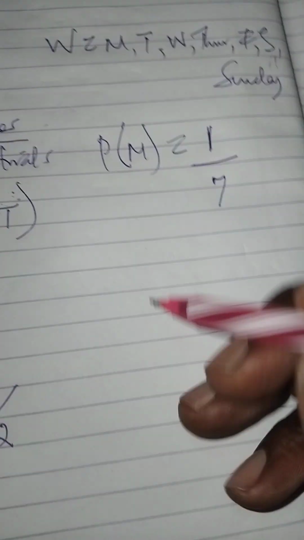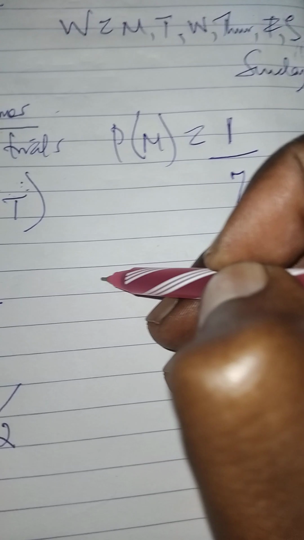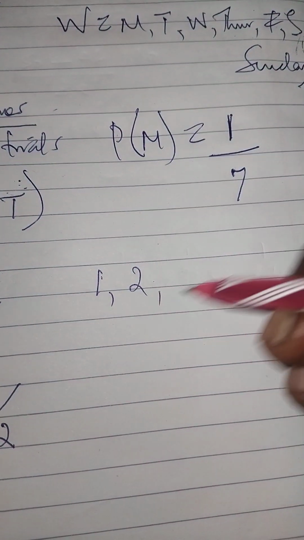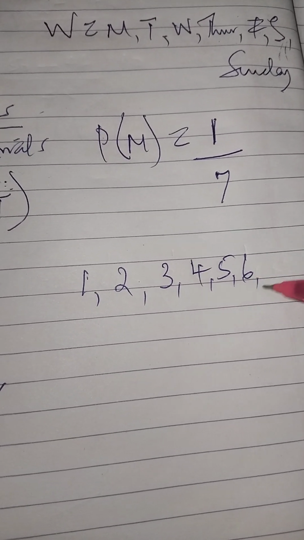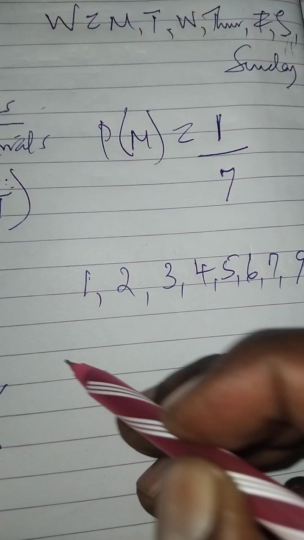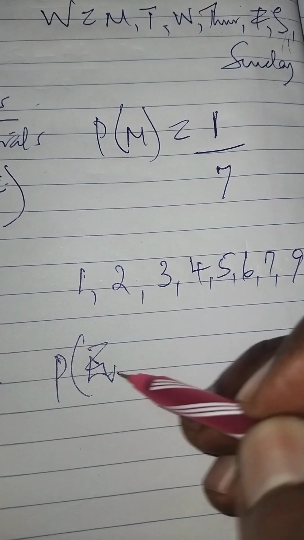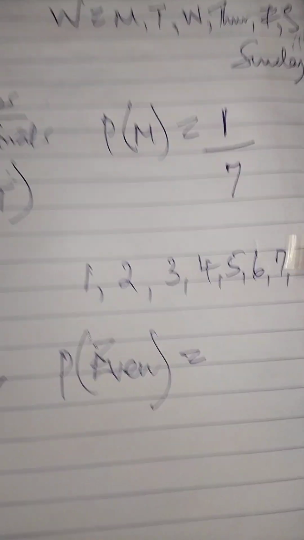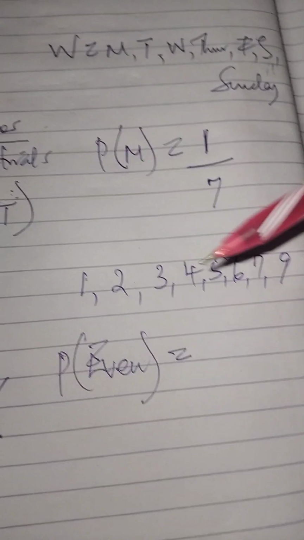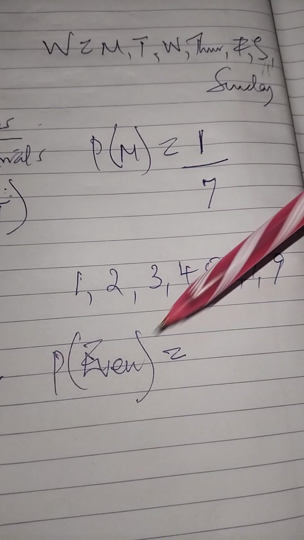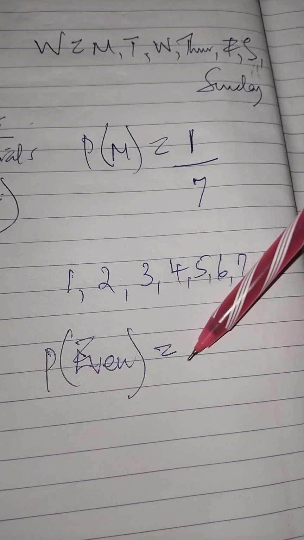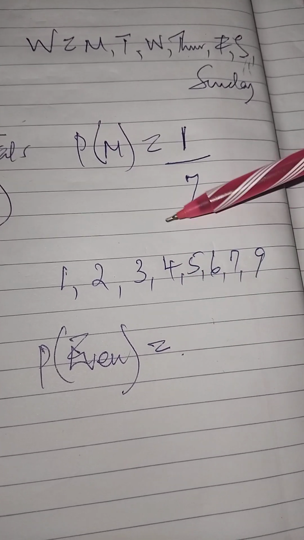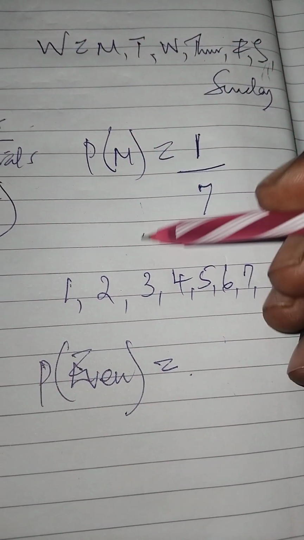For example, let's say you're given numbers from 1 up to 9. So probability of getting an even number. So using experimental probability, you're saying that the total favorable outcome over the total number of trials. How many favorable outcomes are here?